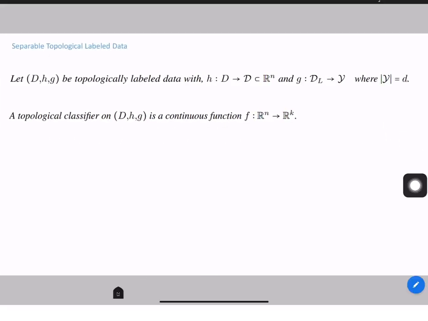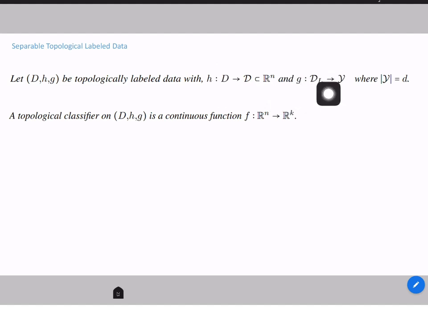Now that we have the definition for topologically labeled data, we can start defining the topological classifier and the topological classification problem. Let (D, h, G) be topologically labeled data, just as before. So you have a function h from your original manifold, or this union of manifolds, to the ambient space R^n.